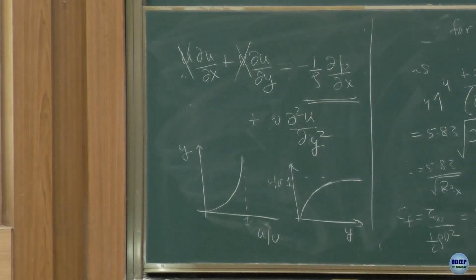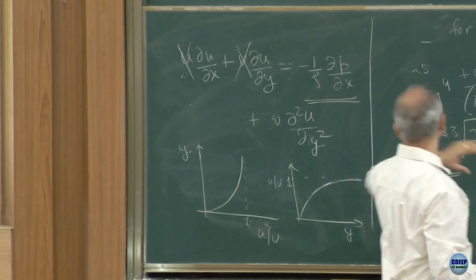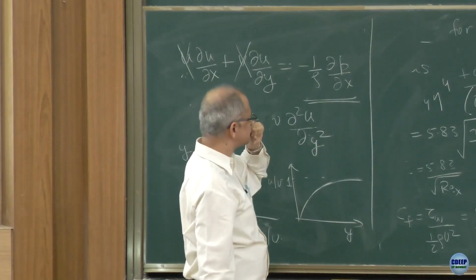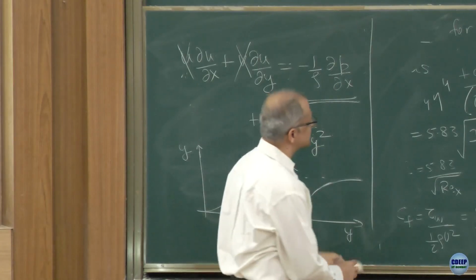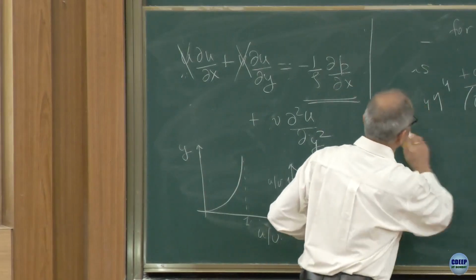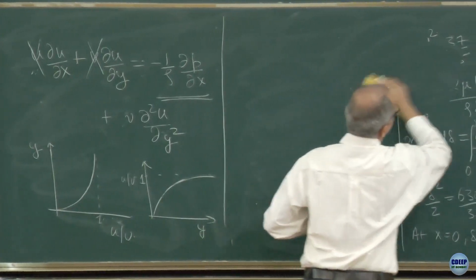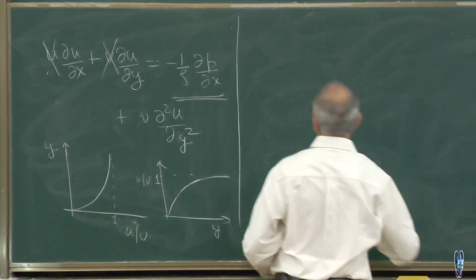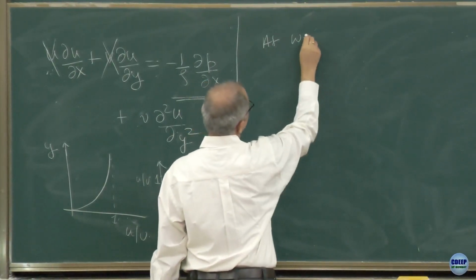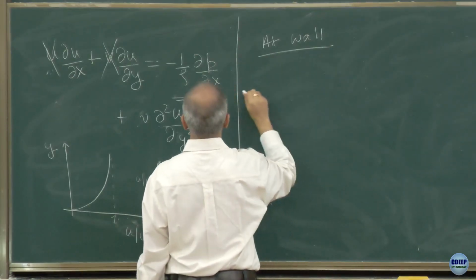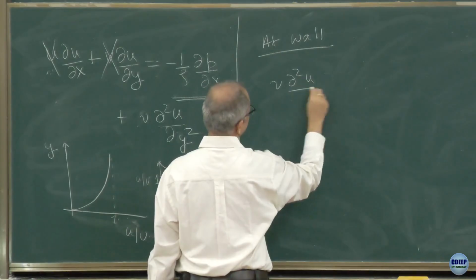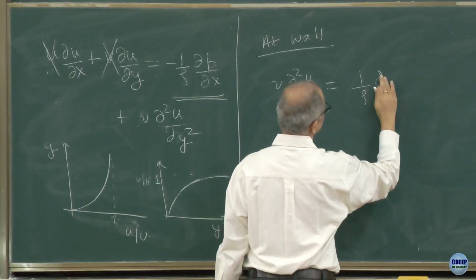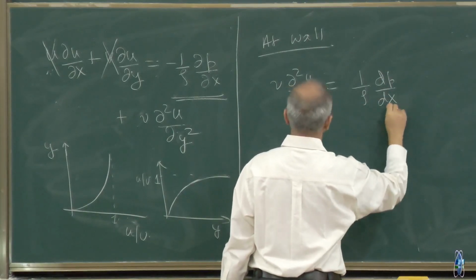And in the other case, so now when dp/dx is going to be, let's see this correctly. We are saying at the wall, we are getting ν ∂²u/∂y² equal to 1/ρ dp/dx.